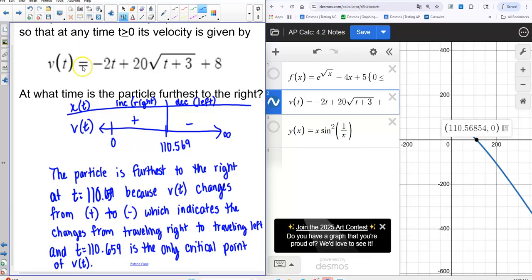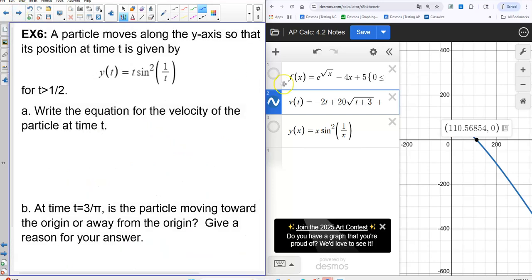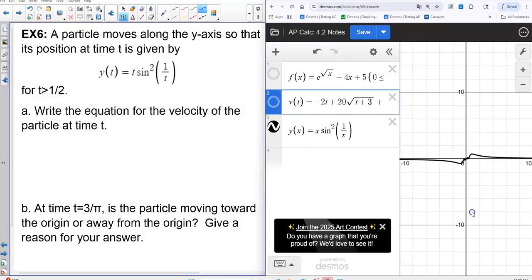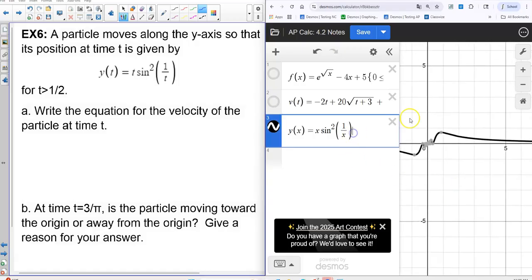Okay, we're gonna skip the next one. We're going to turn 6 into a calculator active question. It is not supposed to be, but we're going to make it one, because if we don't, it makes it difficult. So I changed t's to x's when I typed this in, because while you can get it to graph y of t, if you try to do y prime of t, it doesn't like to do that.